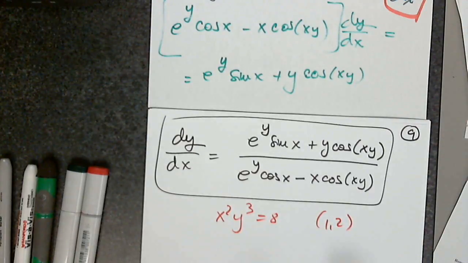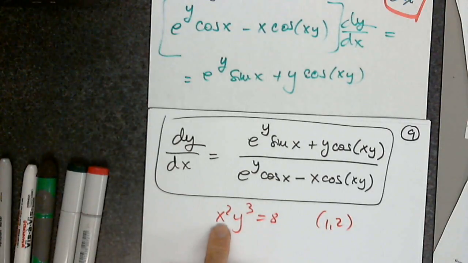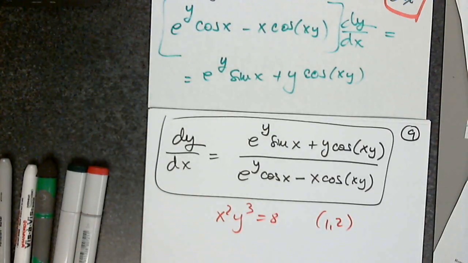What has to happen for a point to be on the curve? What if (1, 2) is not on the curve? How do I check? Plug it in, of course. So 1 squared times 2 cubed, is that 8? So it's guaranteed that (1, 2) is on the curve.